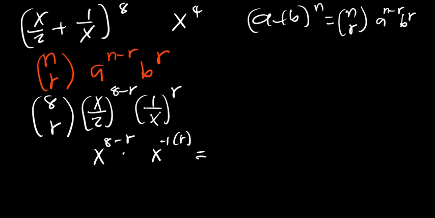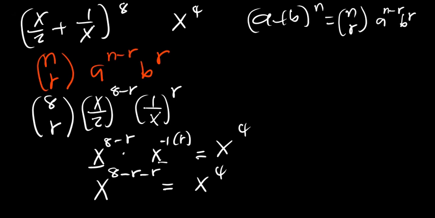This should be equal to, I want to find the coefficient of x to the power 4. So I'll equate to x to the power 4. If the bases are the same and you are multiplying, you are adding. So that becomes x to the power 8 minus r, then again plus negative r, which is just basically minus r, is equal to x to the power 4.